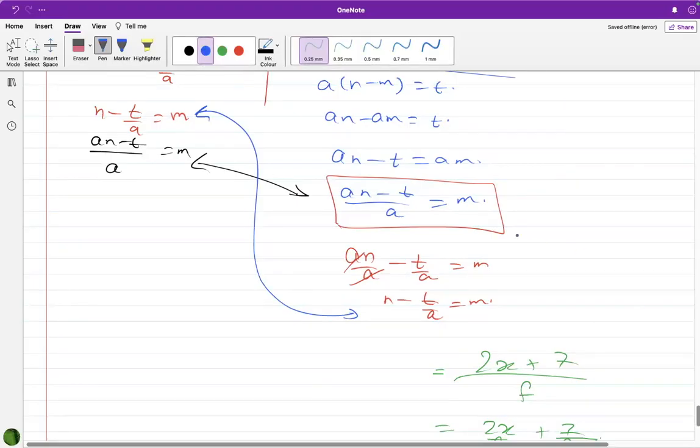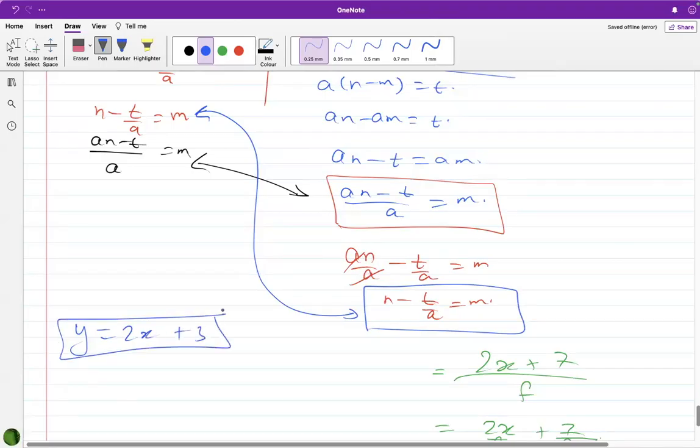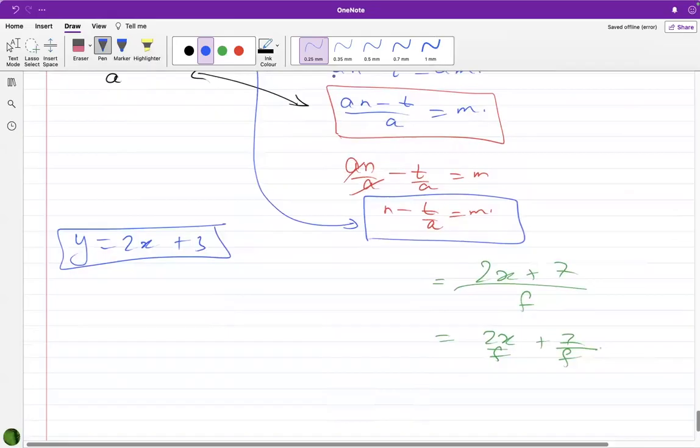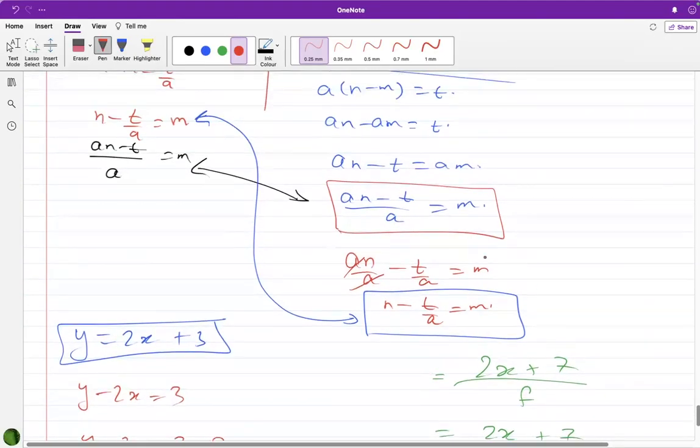No, not at all. That is one way of representing the answer. For example, if we have to make y the subject of the formula, suppose this is the equation, when we are doing coordinate geometry, a student could answer y minus 2x is equal to 3, or they could answer y minus 2x minus 3 is equal to 0. In this case, the requirement of the question was to make m separate and alone. So this is possible, this is possible.